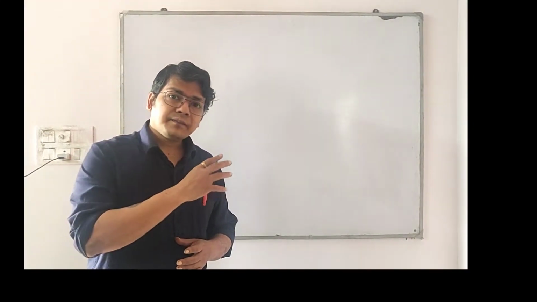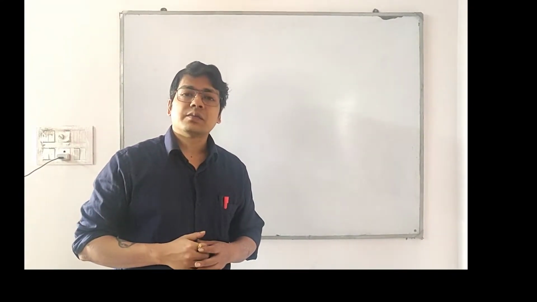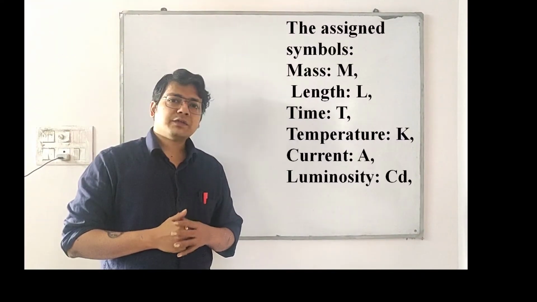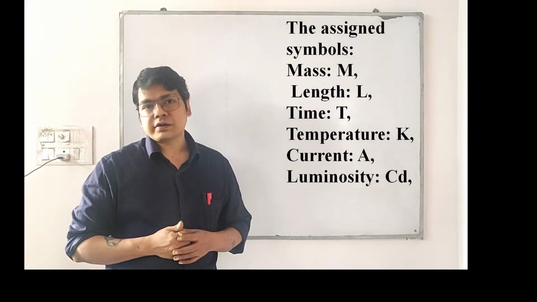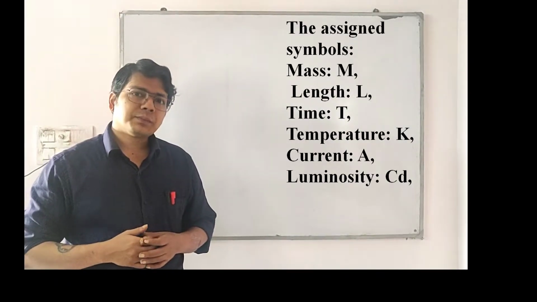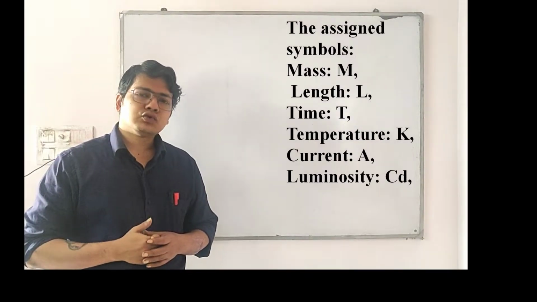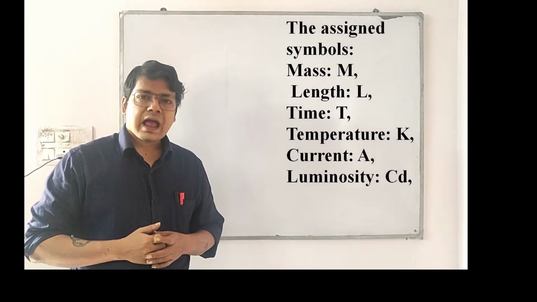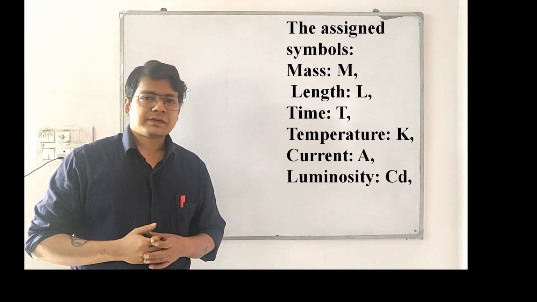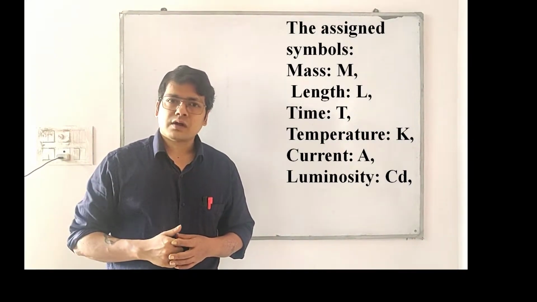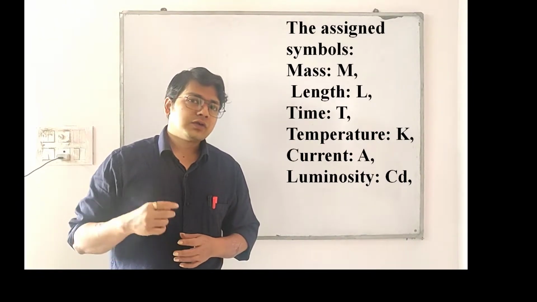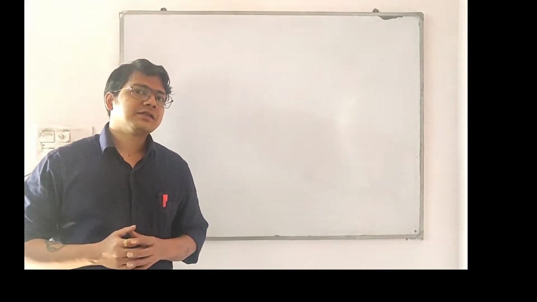Let's look at the assigned symbols for the fundamental physical quantities. M is for mass, L is for length, T is for time, K is used for temperature, A is used to represent current, and CD is used to represent luminosity. What is luminosity? Most of you may not have heard it before. Luminosity is basically brightness in a region.